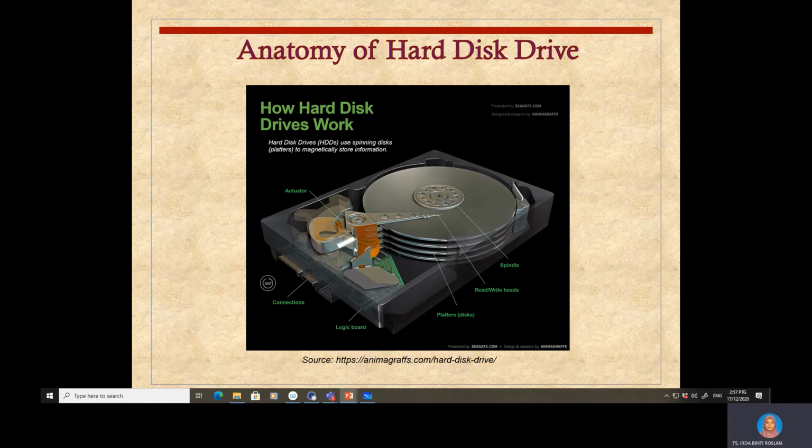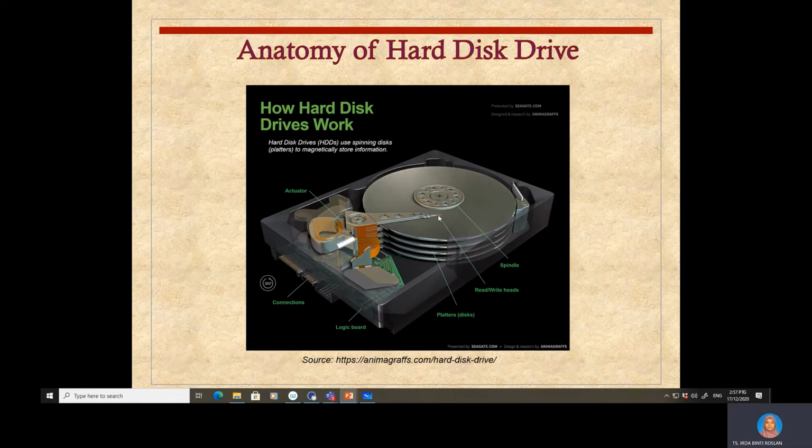Here is the actuator, where it holds the arms, the read and write arms. This is what we call the read and write arm, and this is the head, the read and write heads. Basically, the read and write heads will move to find the tracks, to search for data, any data requests.